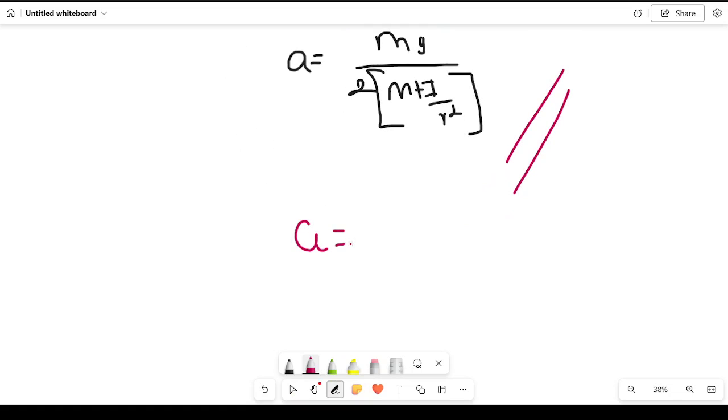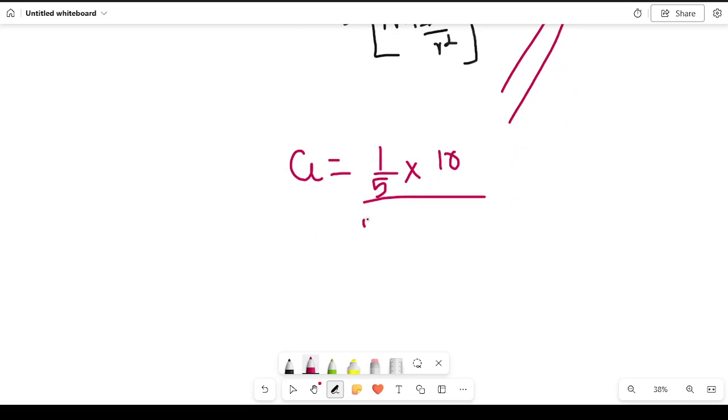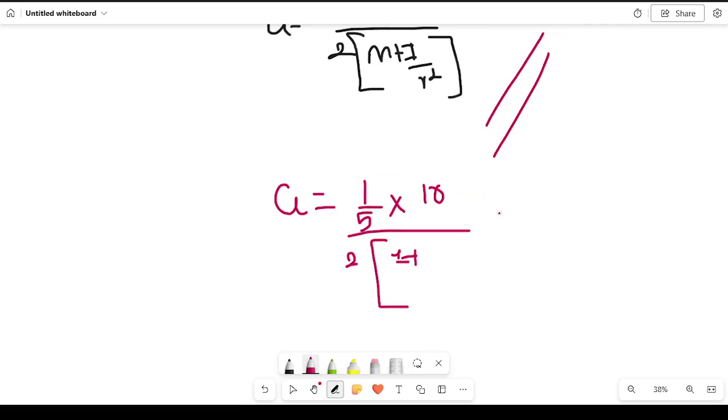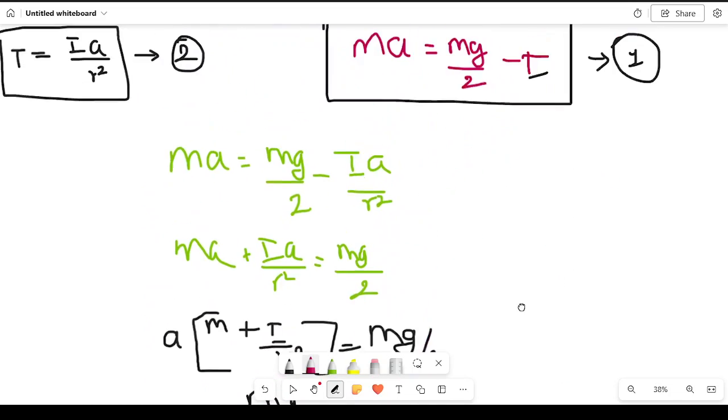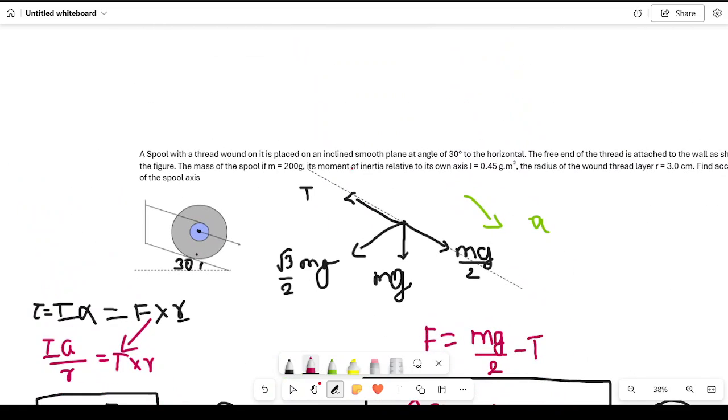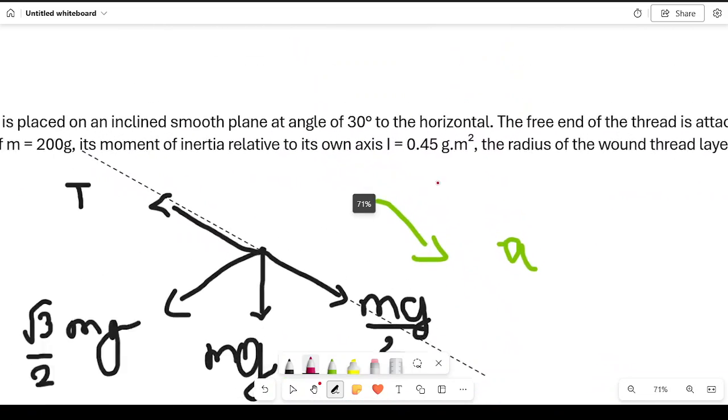Now A equals to mass. Mass they have given to be 200 grams, so you have to convert it into kg. So 200 by 1000, that is 1 by 5 kgs. And acceleration, that is 10 meters per second square, by 2 times 1 plus I, the moment of inertia, they gave it to be 0.45 gram meter square.